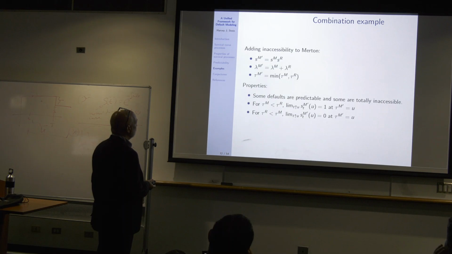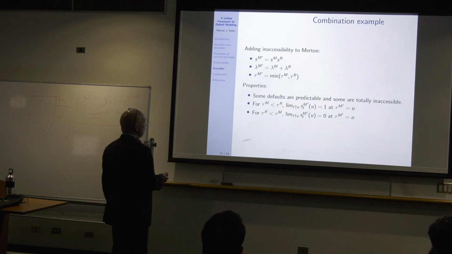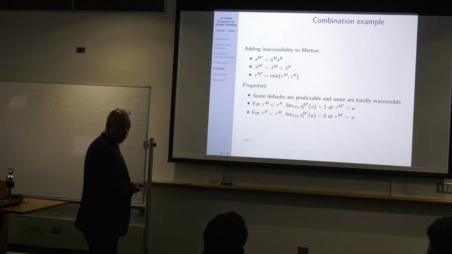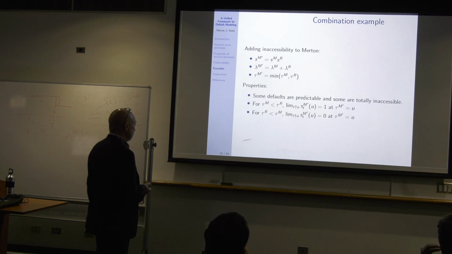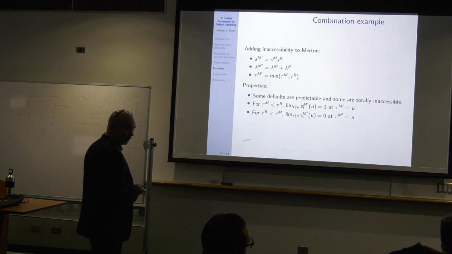Where did I say m prime? Oh, right, m prime. M is the combined. M is the Merton, the reduced form, and then the prime is for this one, the Merton with essentially the jump to default. Okay. And now we have to describe this hybrid model.